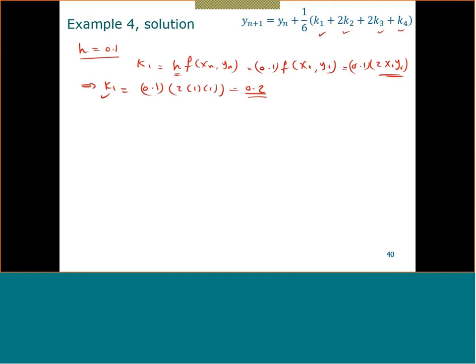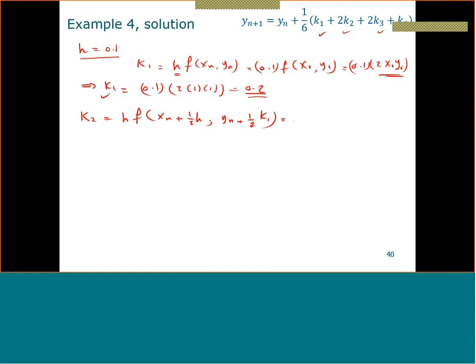Now K2. Here we have to be careful when we do the substitution. K2 is equal to h times the function at xn plus half of h, comma, yn plus 1/2 K1.